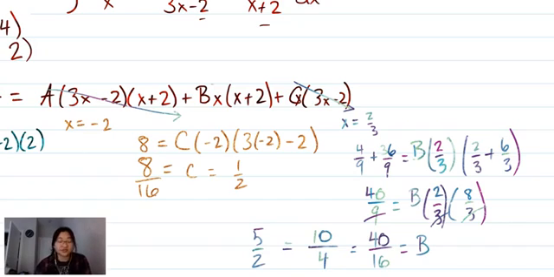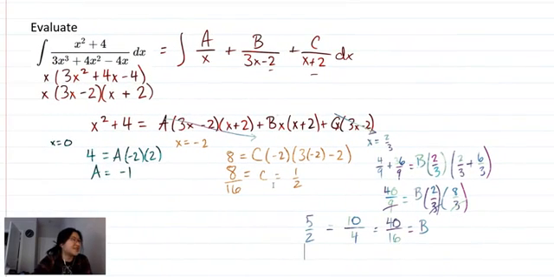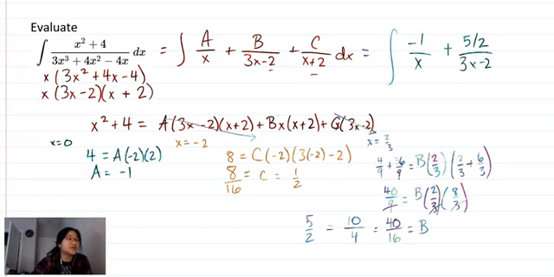Okay, so B is 5 over 2. All right, and let's zoom out a little bit. So that leaves us, our integrand is going to be negative 1 over x plus 5/2 over 3x minus 2 plus 1/2 over x plus 2 dx.